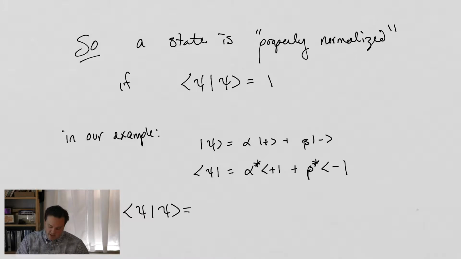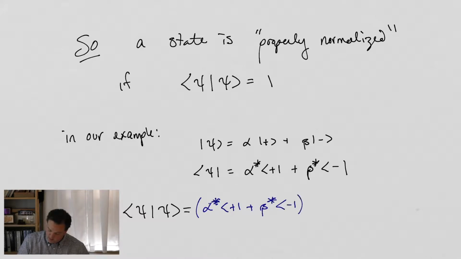So if I have this same state where psi is equal to alpha plus beta minus, and I explicitly take the complex conjugate of it, because I want both the ket and the bra version, and I start to write this out, the bra version is going to be alpha star plus beta star minus, with alpha plus beta minus.